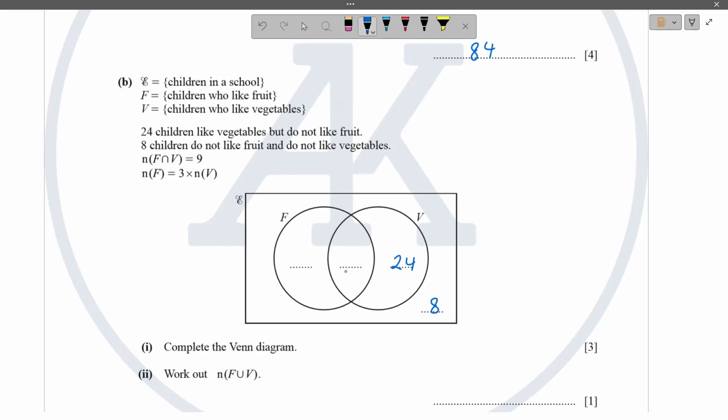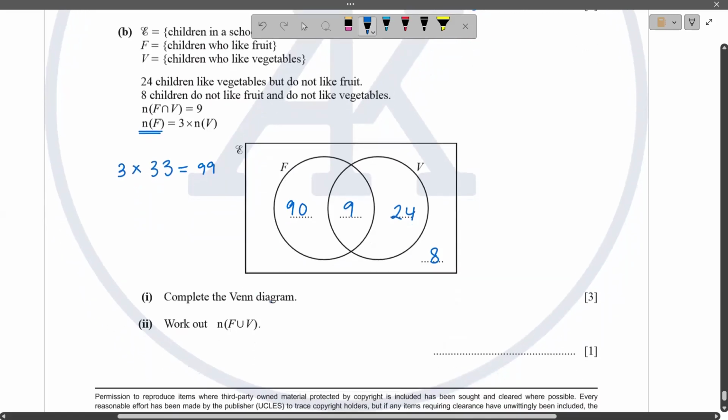F intersect V is 9, and the number of F equals 3 times the number of V. Number of F means the total number of F, the whole set. So it's 3 multiplied by the total number of V, which is 9 plus 24, which is 33. So it's equal to 99. I'm going to subtract 9, so the rest will be 90.